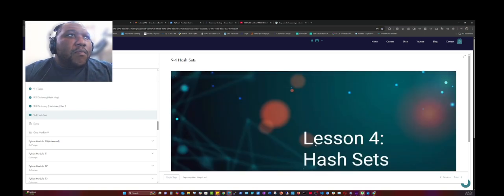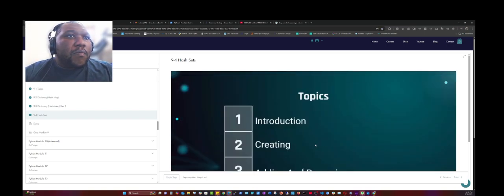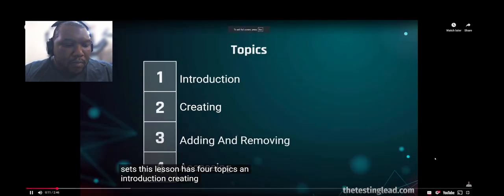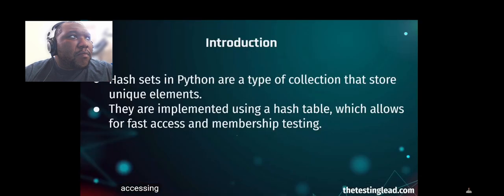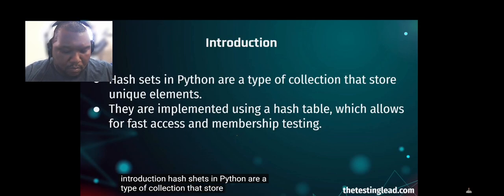Lesson 4: Hash Sets. This lesson has 4 topics: an introduction, creating, adding and removing, accessing. Introduction. Hash sets in Python are a type of collection that store unique elements.